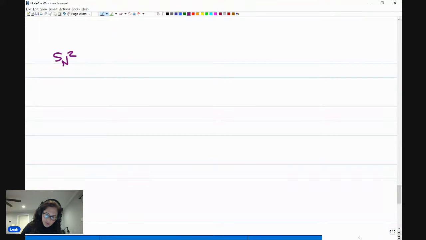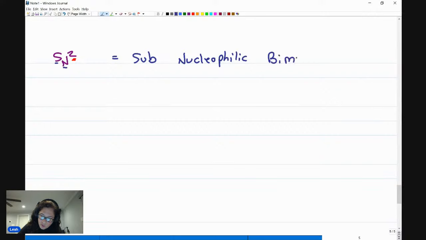For the SN2 reaction, what do we have? The S, once again, stands for substitution. The N, nucleophilic, so far just like we saw in SN1. The difference here is the 2, where the 2 stands for bimolecular, and the bi tells us how many molecules are reacting at a time. 2 molecules are reacting at the same time.